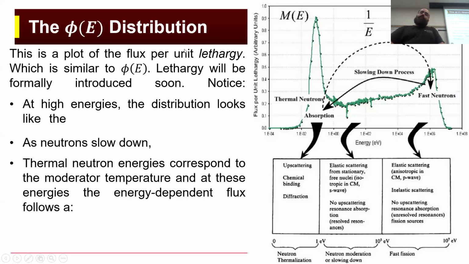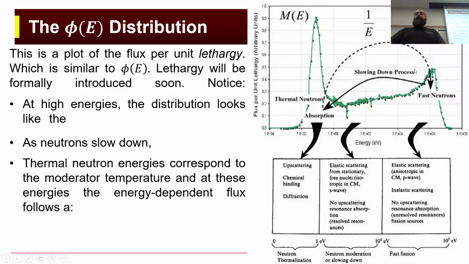Technically, this is a plot of something called flux per unit lethargy, which is very similar to the flux per unit energy. We're not going to define lethargy just yet, but if I were to draw this plot as a flux per unit lethargy or a flux per unit energy, they're going to look very similar and they're going to have the same features. So here on the right, we have the part of my spectrum that corresponds to my fast neutrons.